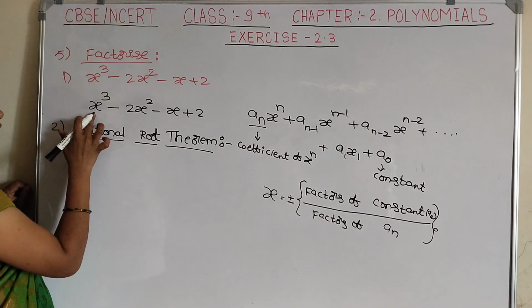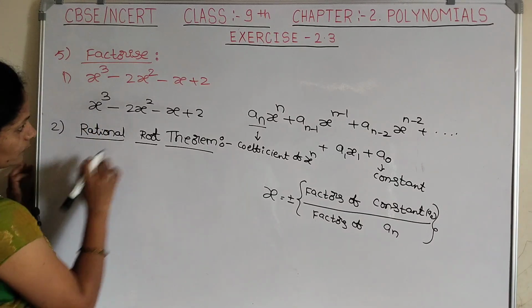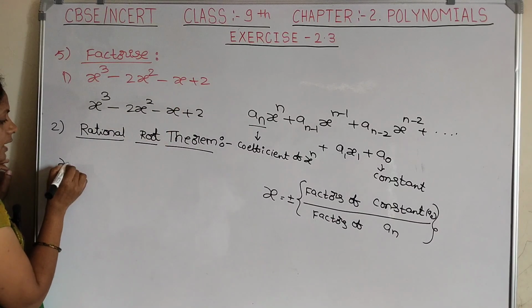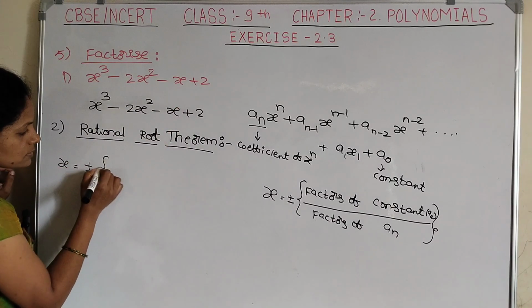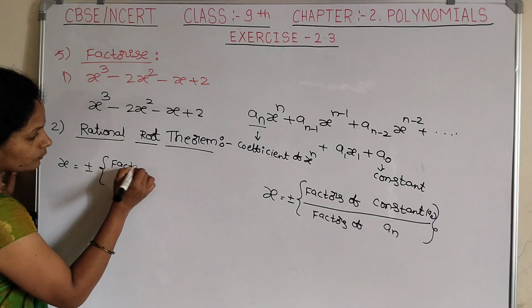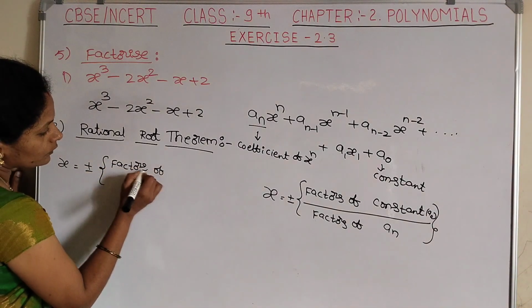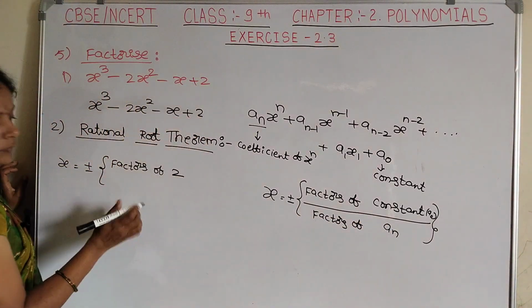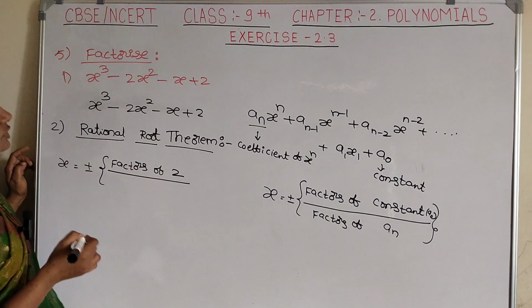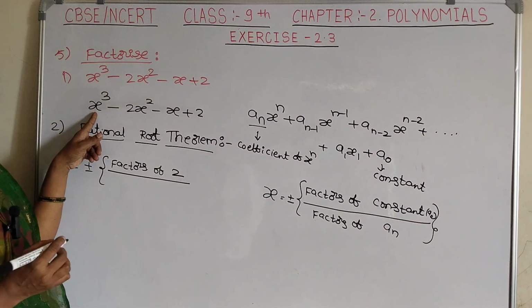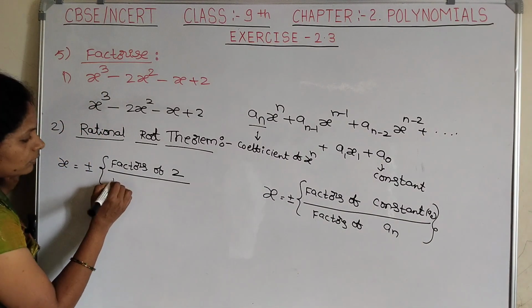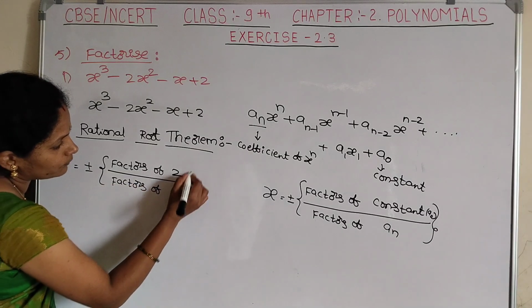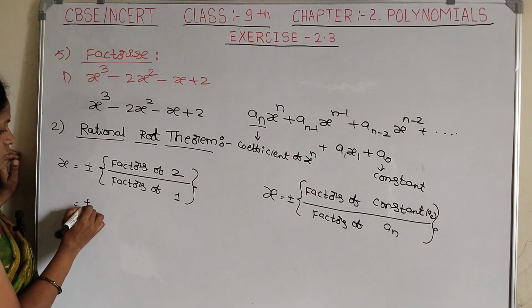The coefficient of x cube is 1 here and the constant is 2. Let us get x equal to plus or minus factors of the constant, which is 2, divided by factors of the coefficient of the highest power, x cube, which is 1.